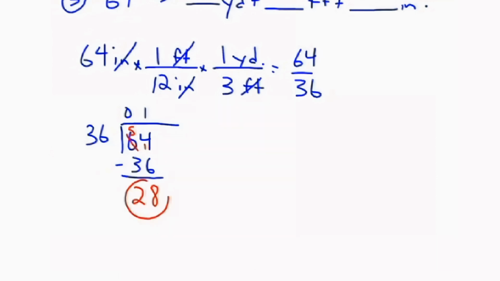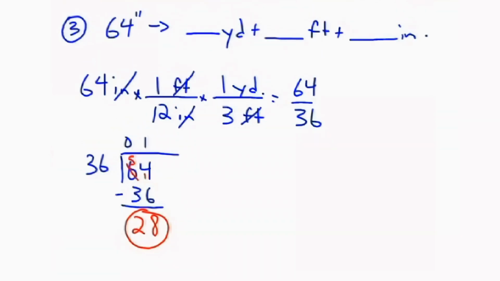So we've got 28, 1 yard, and then we've got 28 over 36 of a yard, right? So we have to see what's going to happen with that. But we know for sure that we've got 1 full yard.